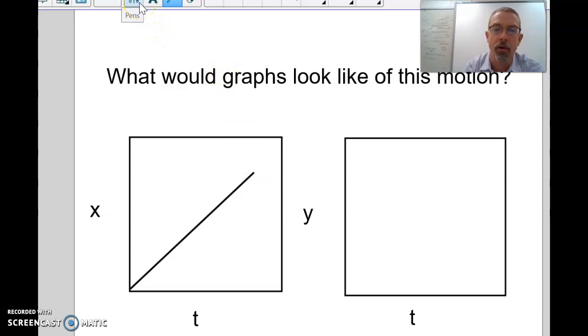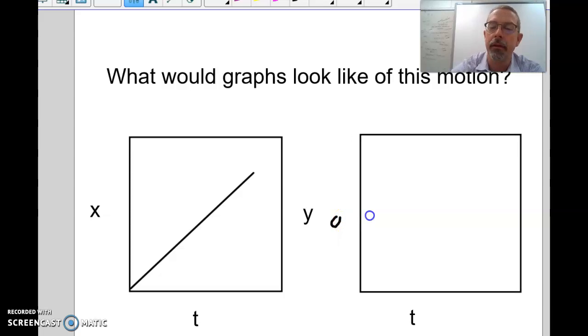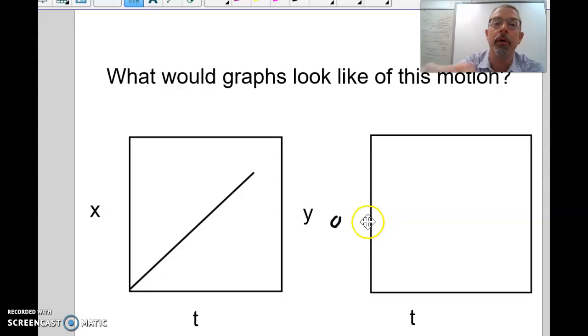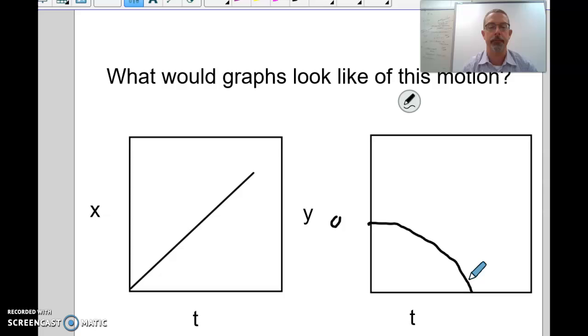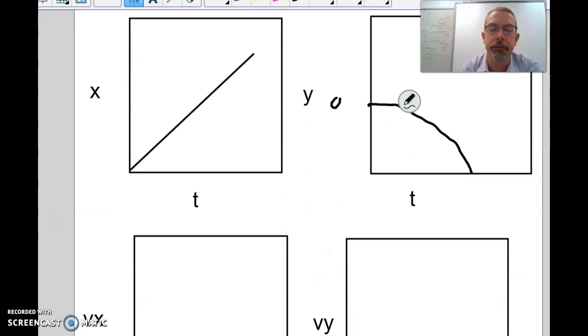Whereas for my y component, let's say we've got this as being 0 here. And my y component of velocity would look something like so. Okay, so you can see that that is going to be drastically different.